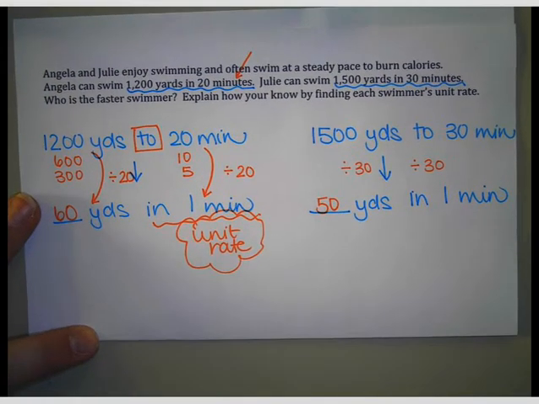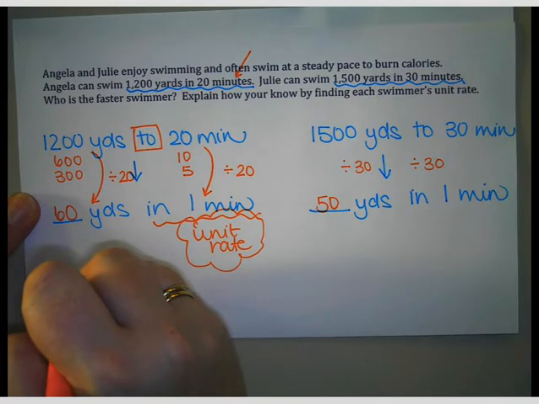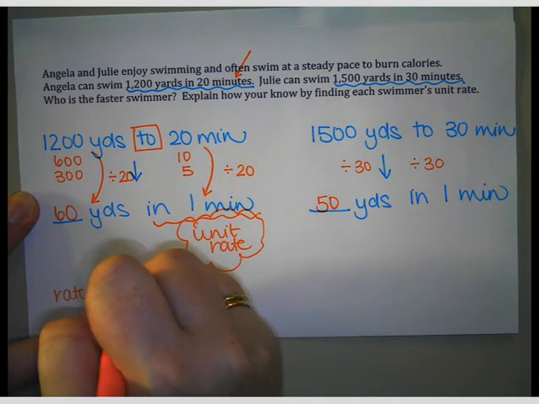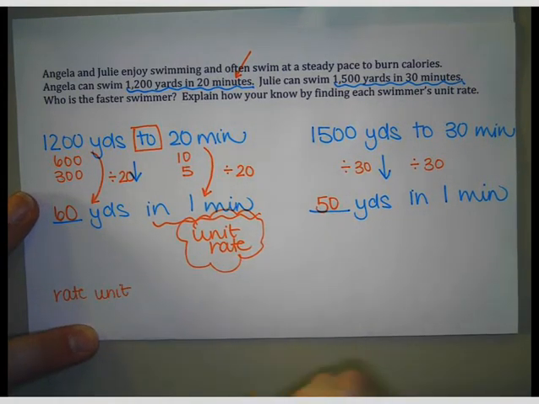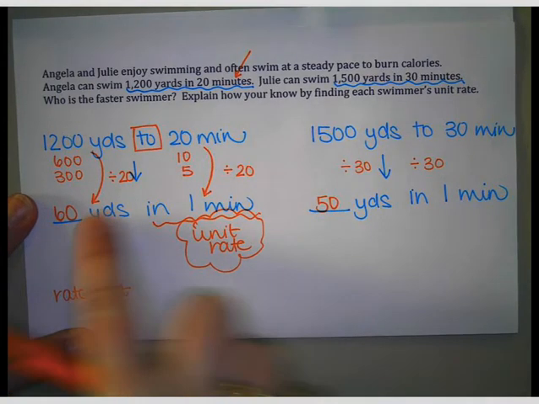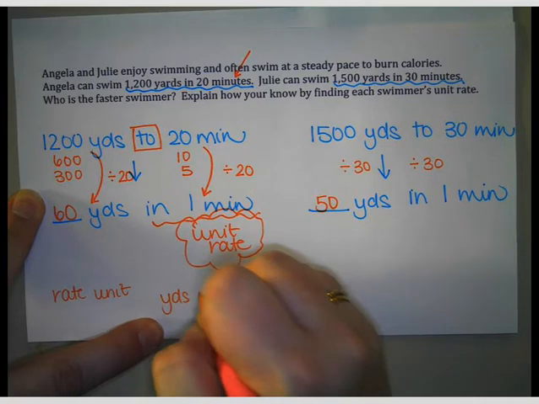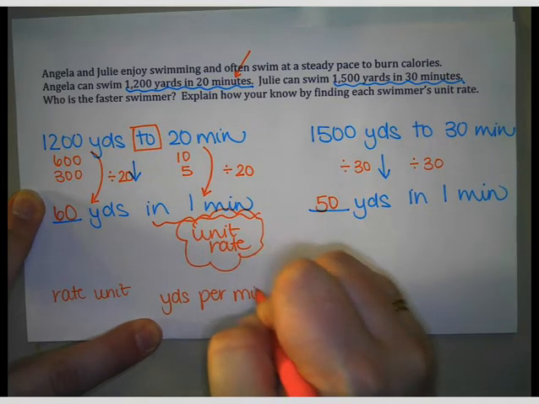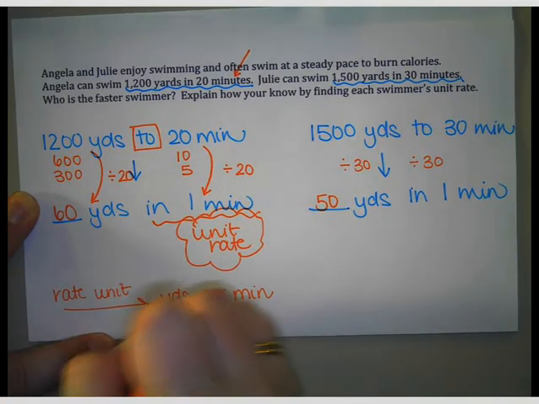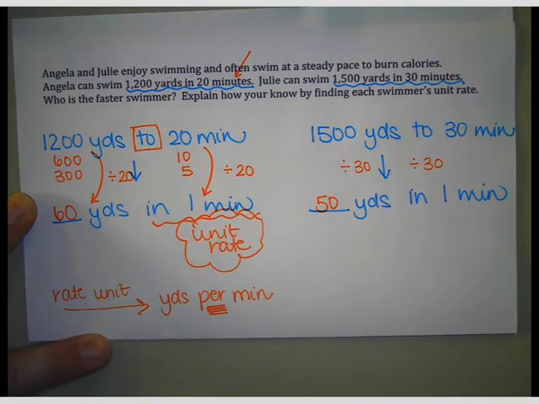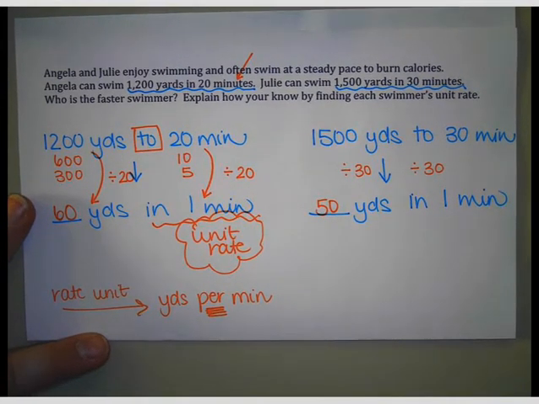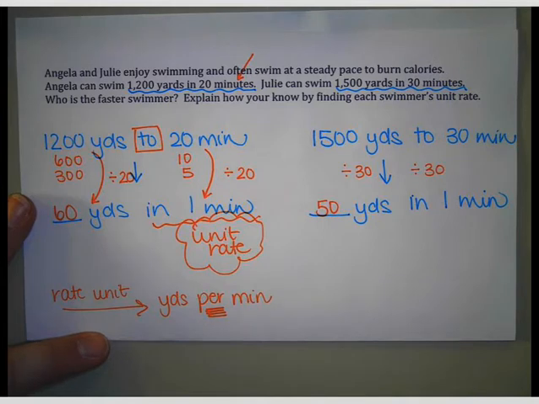Our math curriculum also wants you to be able to state what the rate unit is. The rate unit in this case, since we're talking about how many yards they can go in how many minutes, is yards per minute. Rate units always have the word per in them, and it's just like the label. It doesn't have any numbers.